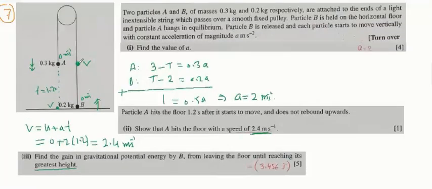So as we know, this is not the greatest height. Greatest height will be after that when the string becomes slack, because A will be at the ground, it will stop here, and B will not stop here due to inertia, it will go up and stop somewhere here and then will come back.